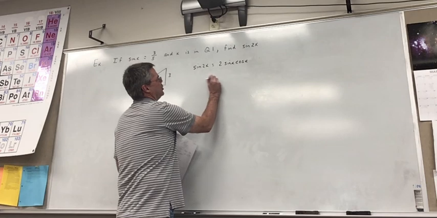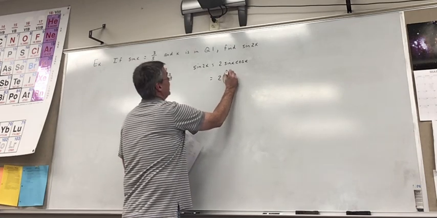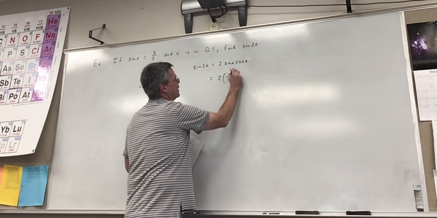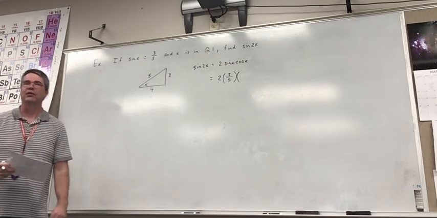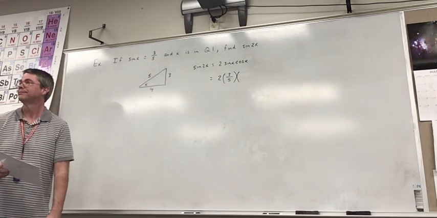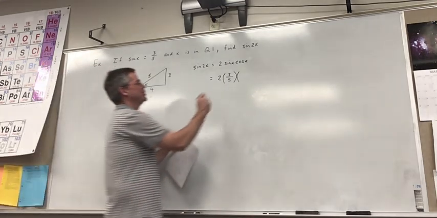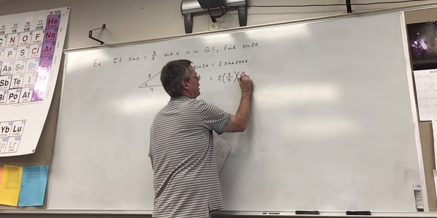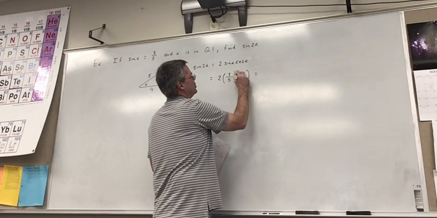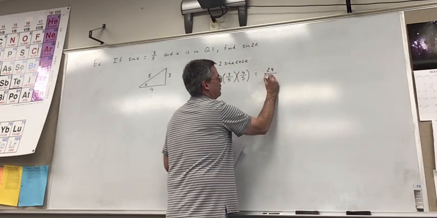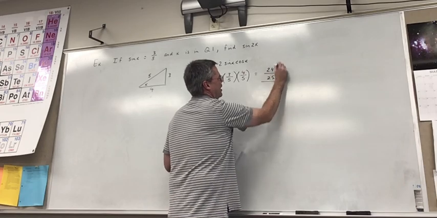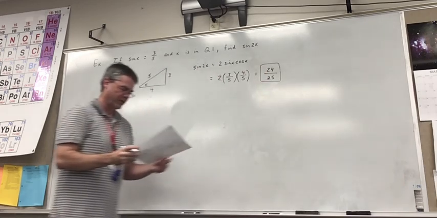So that's going to be 2 times, we already know that sine x is 3/5. What is cosine x from this triangle? 4/5. So 2 times 3 times 4 is 24. 5 times 5 is 25. It'll be 24 over 25.